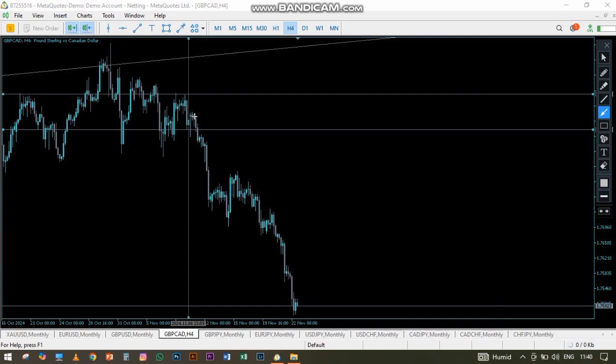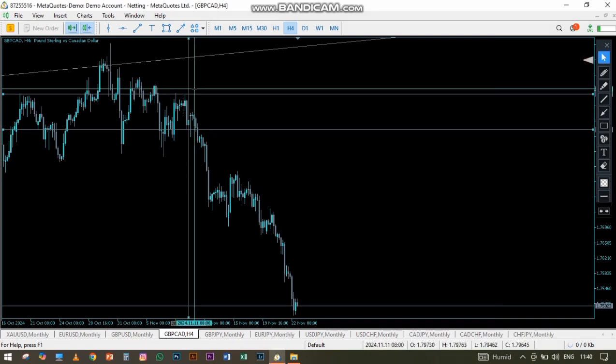Most times they do change the times, but it normally opens at 8. This is the candle we are interested in, the reason being that the London session opens in between this candle, at around 11. This candle opened at around 8, so that means at 11 it is still going to be open.